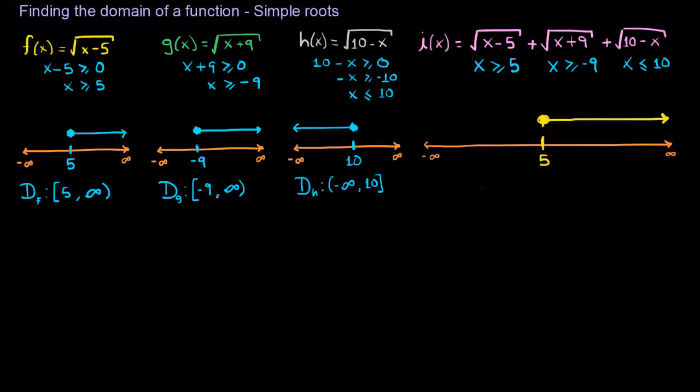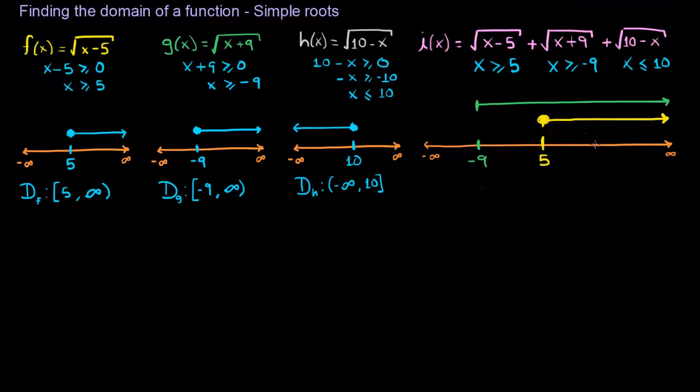Now, we're going to do the same with the second one, x greater or equal than negative 9, which is just the same as g of x. I'm going to place my negative 9 somewhere in here. We start from here and x is greater or equal than negative 9, so we have to move to the right to positive infinite. Now the only one left is the third one, which is the same as h of x.